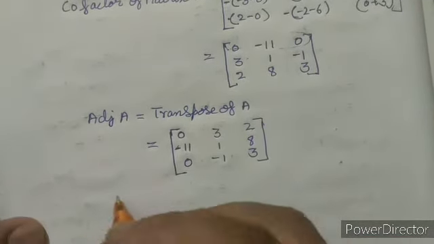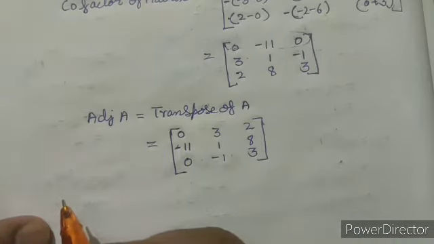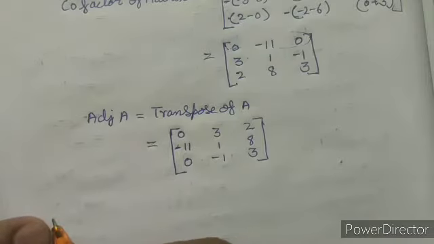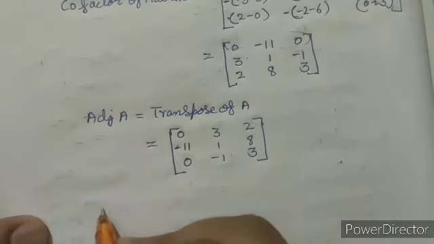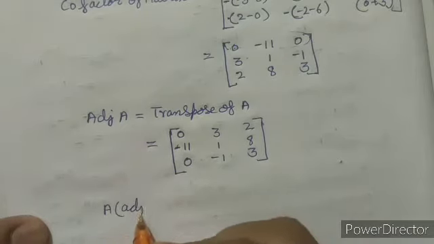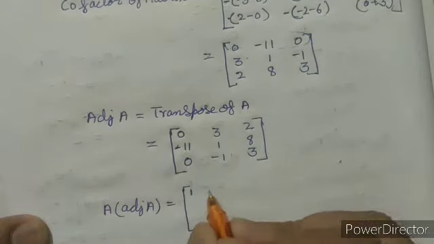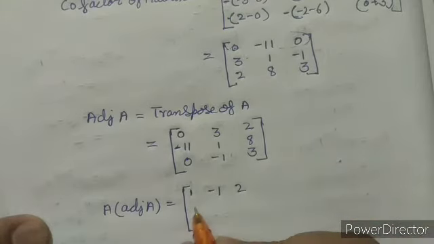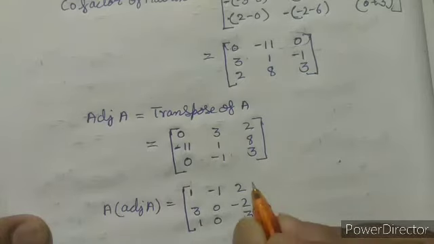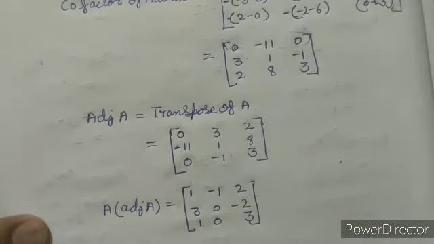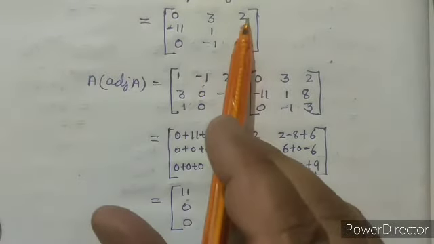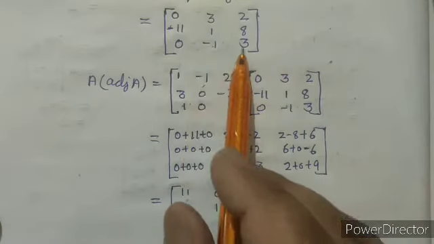Now we have to prove that A into adjoint A equals adjoint A into A equals determinant of A into I. So first of all we will find A into adjoint of A. Matrix A was 1 minus 1 2, 3 0 minus 2, 1 0 3, and the adjoint of A was 0 3 2, minus 11 1 8, 0 minus 1 3.